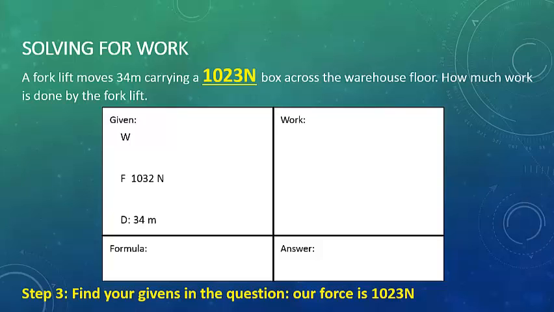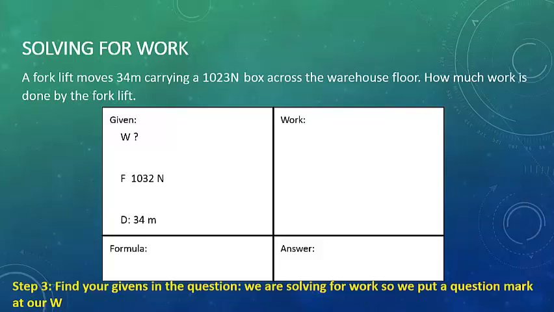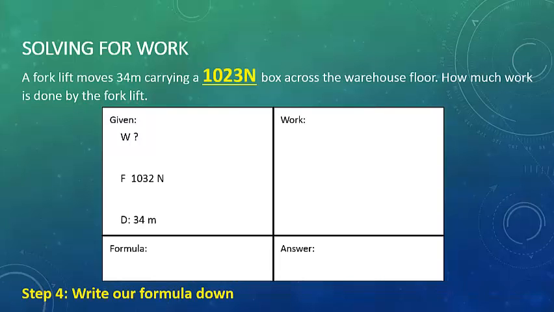A forklift moves 34 meters, carrying a 1,023 Newton box across the warehouse floor. How much work is being done by the forklift? Since we are solving for work, and it says how much work is being done, we place a question mark for our W. Now that we got this down, we can write down our formula.